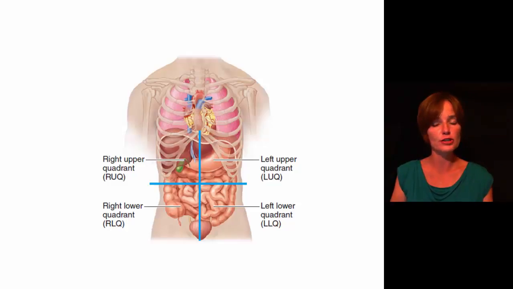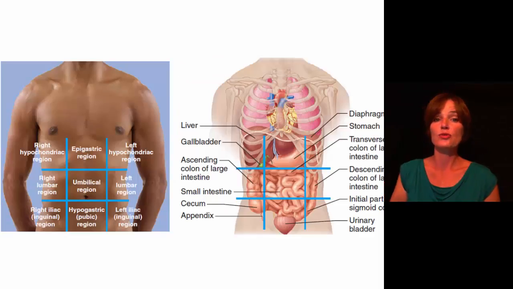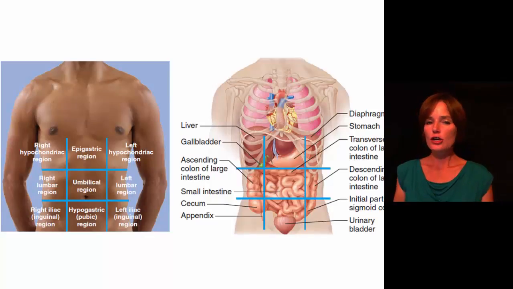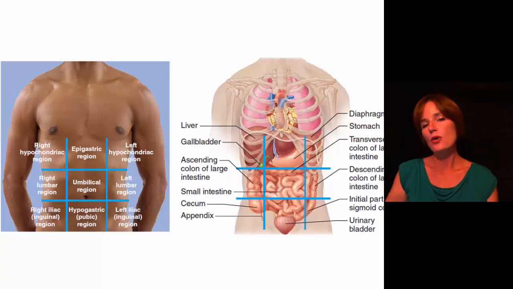So 4 different quadrants. Another system takes this abdominal cavity and divides it into 9 different sections. And so this is going to be more specific. Those 9 sections all have different names, and there will be different organs located in those 9 different sections. So without going through and talking about each one of those, you can see them on the diagram here. You can see kind of what organs are fitting into the different sections.